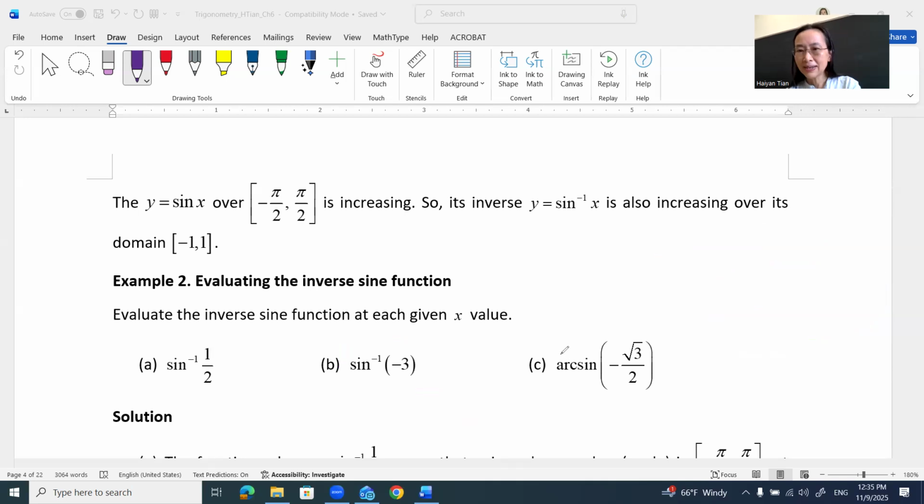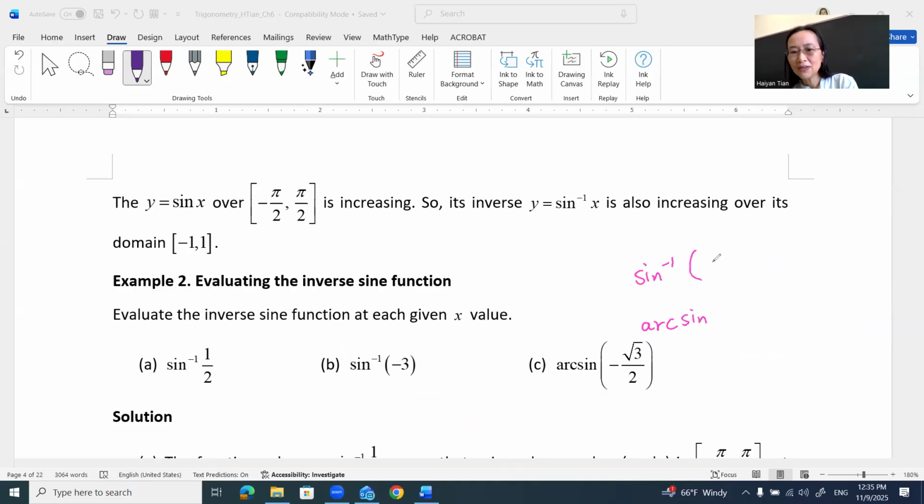Okay, let's look at the next example. The arcsine. Arcsine is just another name for sine inverse. So we have two different ways, just like a person may have more than one name. You can use sine inverse or arcsine. Either name is fine for the same thing.